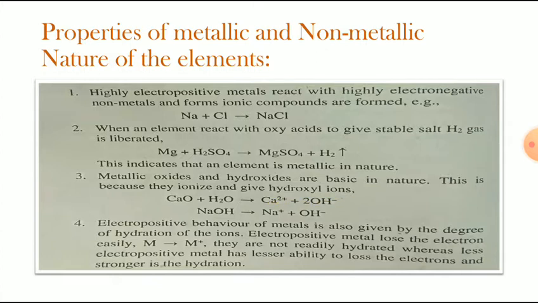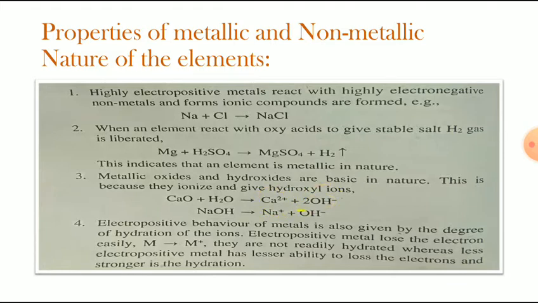Why metallic in nature? Basic in nature, because of this metallic oxide, that is calcium oxide. Calcium is a metal, right? Calcium and oxygen, that means the metallic oxide, reacts with the water molecule H2O, then it will form Ca2+ and 2OH-.